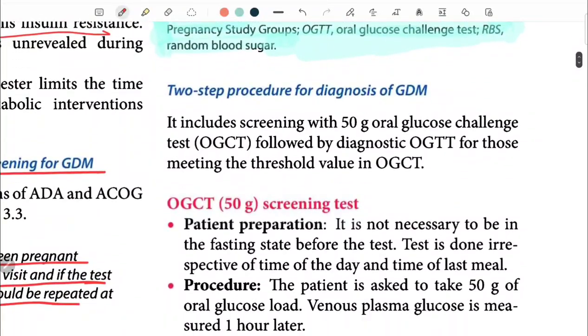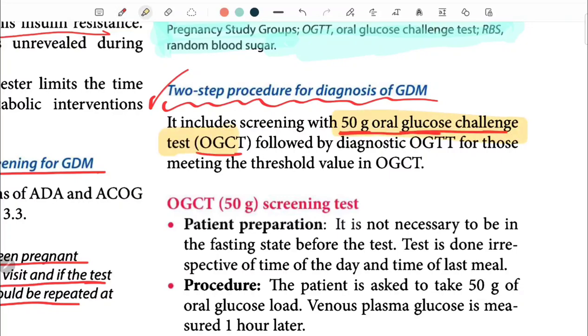First let's look at the two-step procedure for diagnosis of GDM. It includes screening with a 50 gram oral glucose challenge test, OGCT, followed by a diagnostic OGTT for those meeting the threshold value of OGCT.